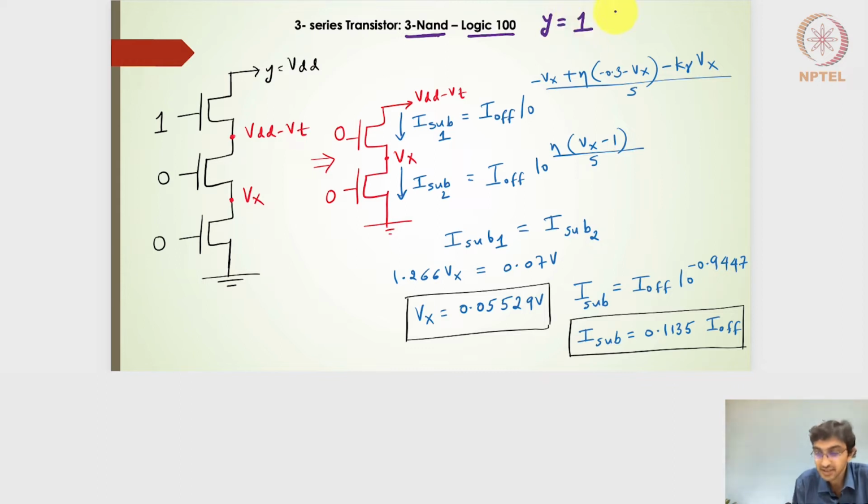That means the pull up circuit is likely to make sure that the output voltage is retained at VDD, because on the pull-up side we have two PMOS transistors where the input is 0 0, which makes both the PMOS transistors on, and they drive the current to ensure that the output voltage is charged to the VDD value. Now we are interested in finding out the static power or the subthreshold leakage power in this particular case.